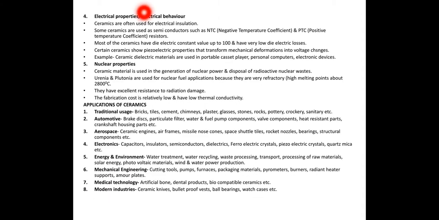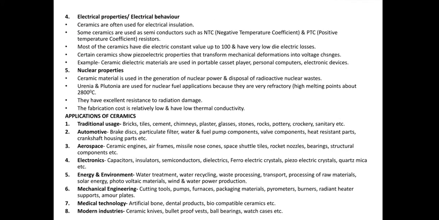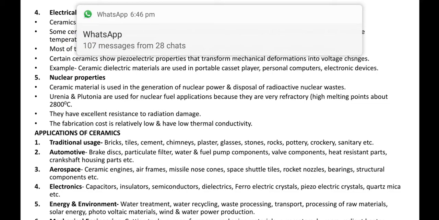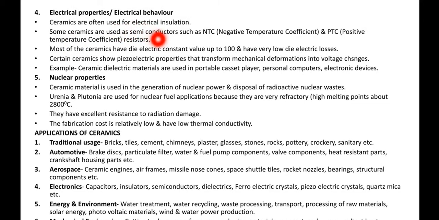Now, electrical behavior or electrical properties. Ceramics are often used for electrical insulation. Some ceramics are used as semiconductors, that is, negative temperature coefficient and positive temperature coefficient resistors. Resistors are made of ceramics. Most ceramics have a dielectric constant value up to 100 and they have low dielectric losses.